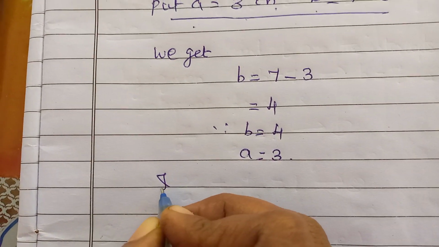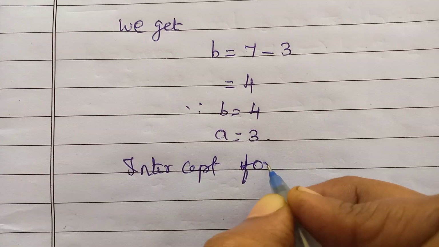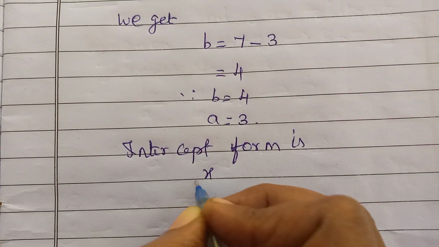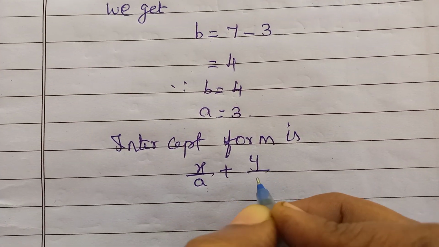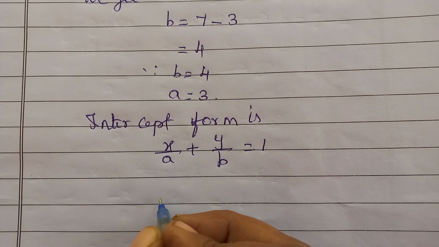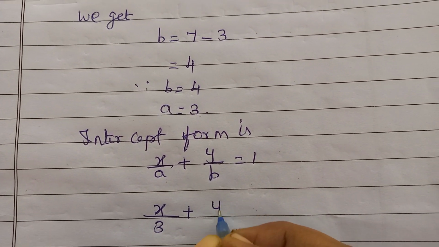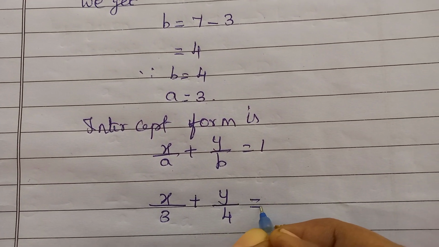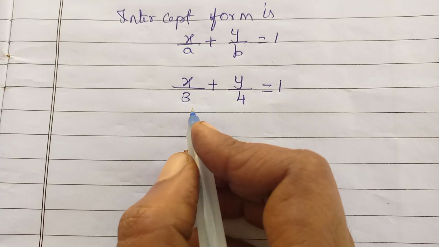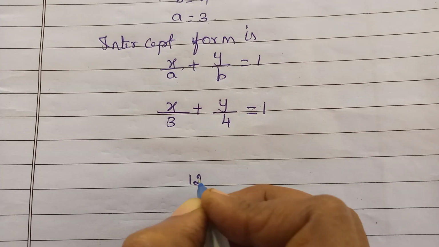Intercept form is x by a plus y by b is equal to 1. Here a is equal to 3, b is equal to 4. Apply it. X by 3 plus y by 4 is equal to 1. Take the LCM of denominators. What is the LCM of 3 and 4? 12 is the LCM.